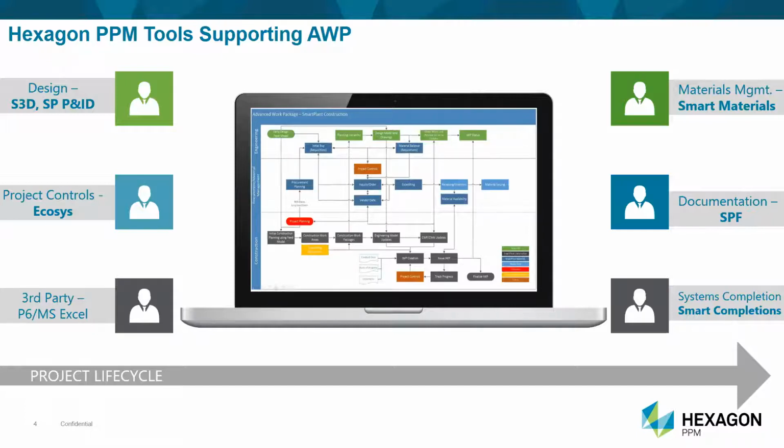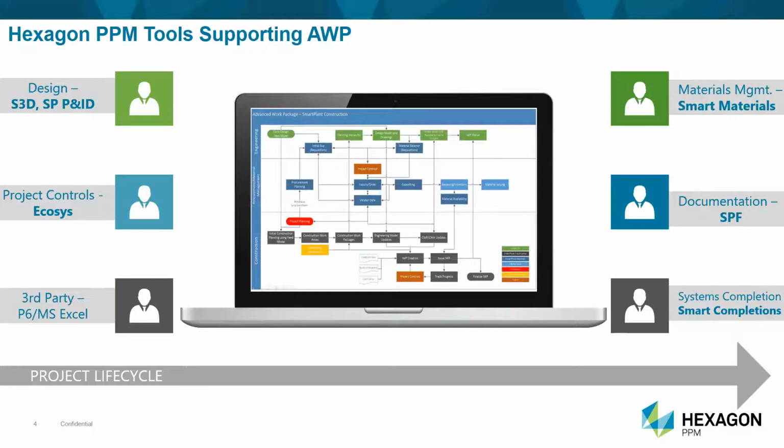We also consume project controls information. We have a tool called Ecosys that performs that function. Materials management, we have Smart Materials as a solution that we feel is well positioned in the market. For documentation, we have Smart Plant Foundation.